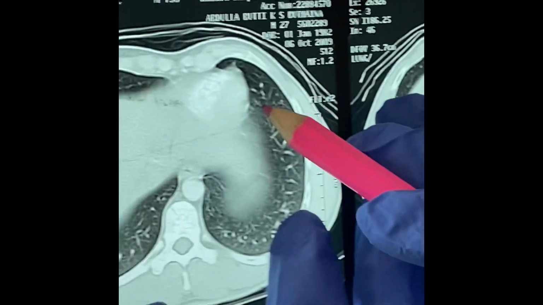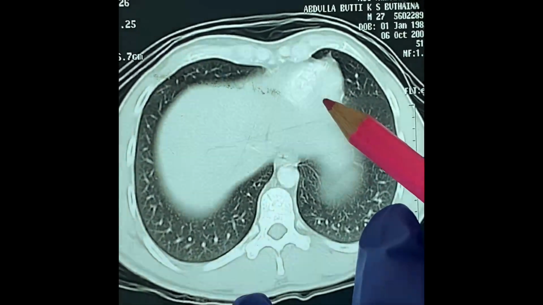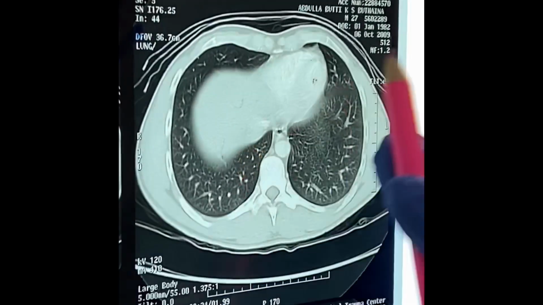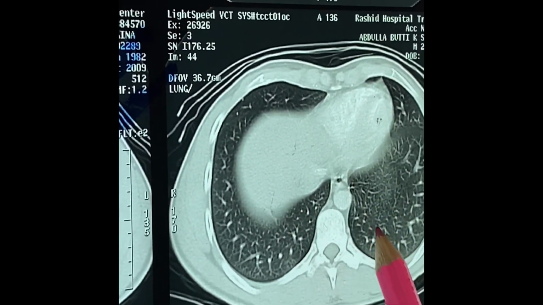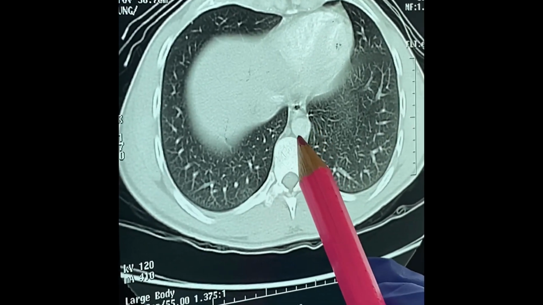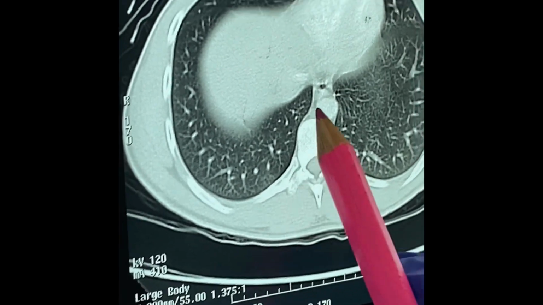Now as we move up, as you are seeing in this slide, the heart has started to appear. Now as we move more inside in this section, we are also seeing some small structures here with the descending thoracic aorta. These are the thoracic duct and the azygous veins.